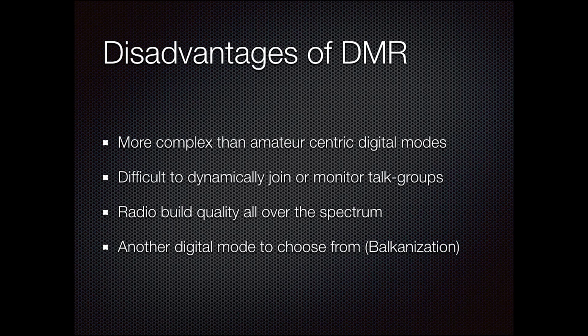Third up, the radio build quality is all over the spectrum. We've got a lot of Chinese producers building radios, and we've got the top-of-the-line manufacturers like Motorola and even Hytera building radios. So you're going to see different price points and different quality levels of DMR radios. Your Radioddity is not going to be the same as your Moto Turbo when it comes to quality.